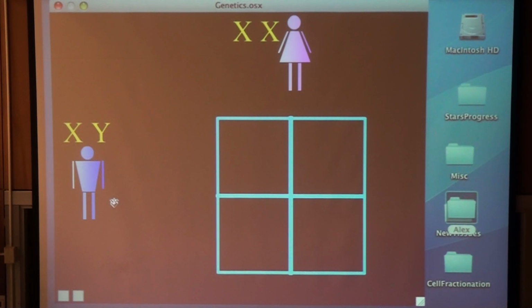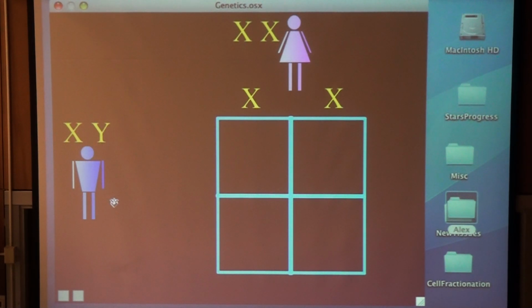Now, remember that when you make your gametes, when you are making your sperm or your eggs, each pair of chromosomes separate into different eggs and different sperms. And so when the female makes her eggs, those eggs always get an X chromosome, because that's what her 23rd pair is, 2 X chromosomes.